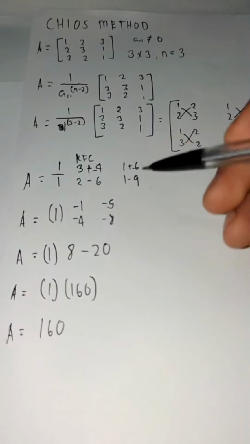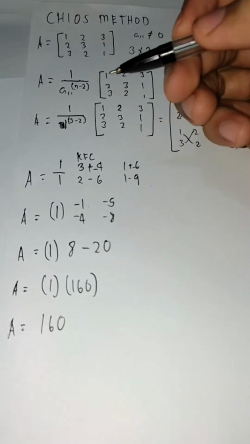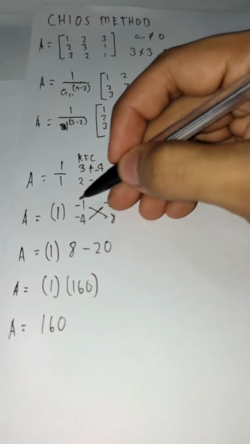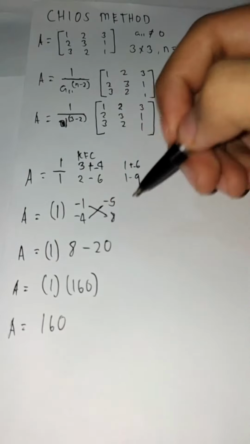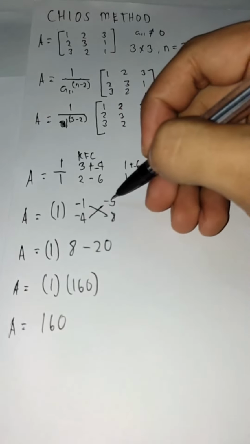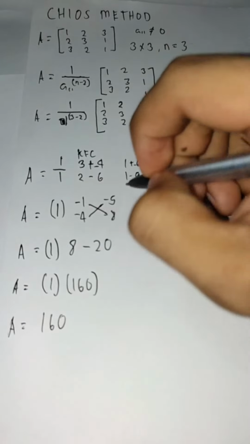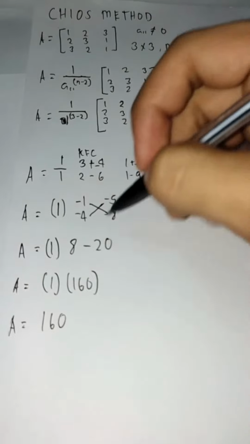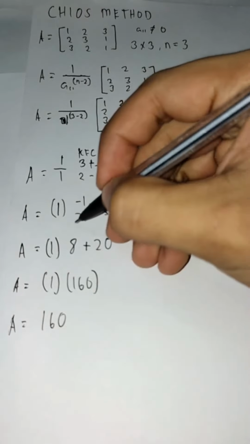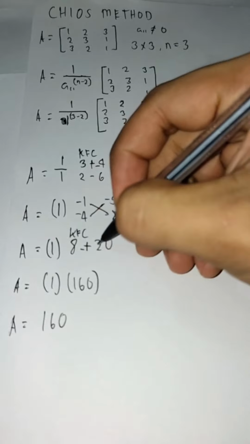And then, next step naman, para ma-proceed tayo sa next step, magka-cross multiply ulit tayo. So, negative 1 times negative 8, which is positive 8. And next naman, which is negative 4, then times negative 5, equals to positive 20. Magki-KFC ulit tayo dito. Keep, flip, and then change.